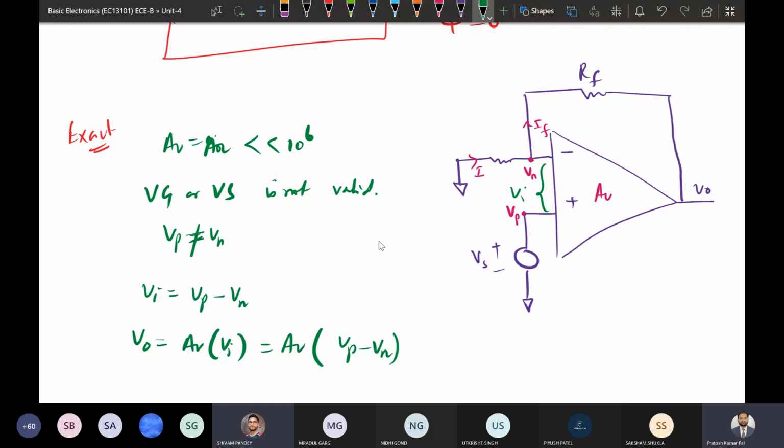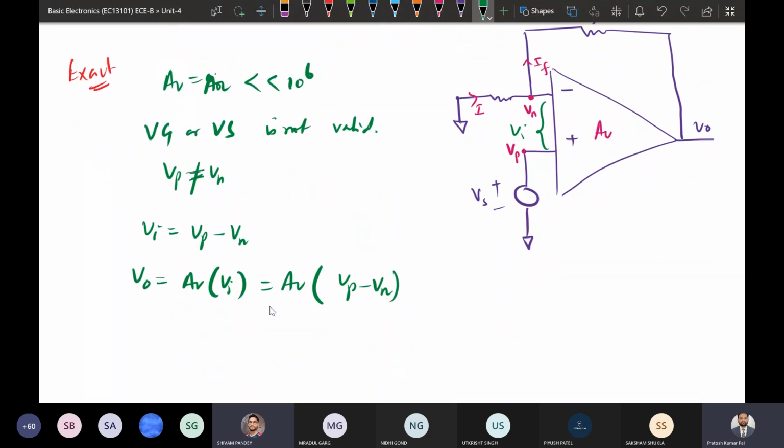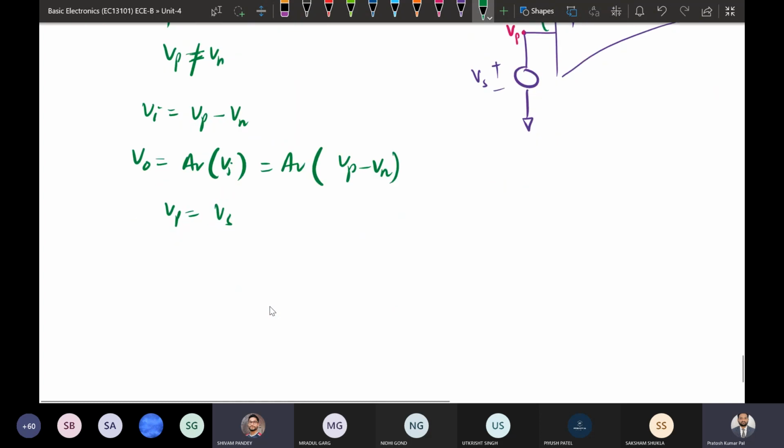Okay, so this is Vp minus Vn times the gain value. Also Vp is equal to Vs. By considering all these points, the output voltage will be nothing but AV multiplied by Vs minus Vn. So we need to find out the Vn value.